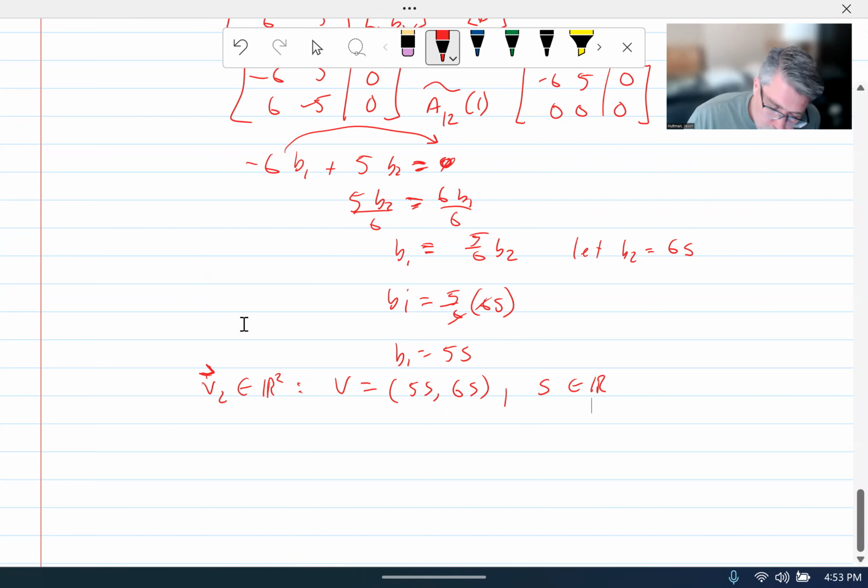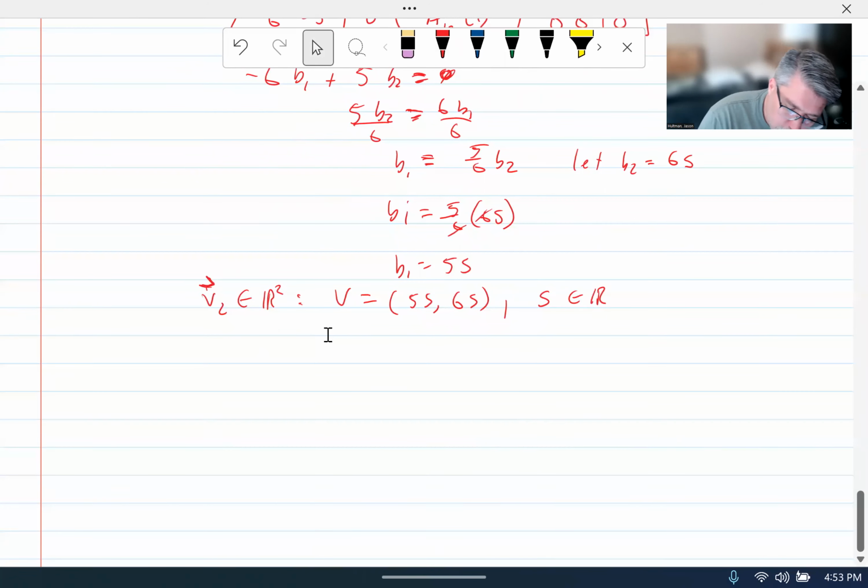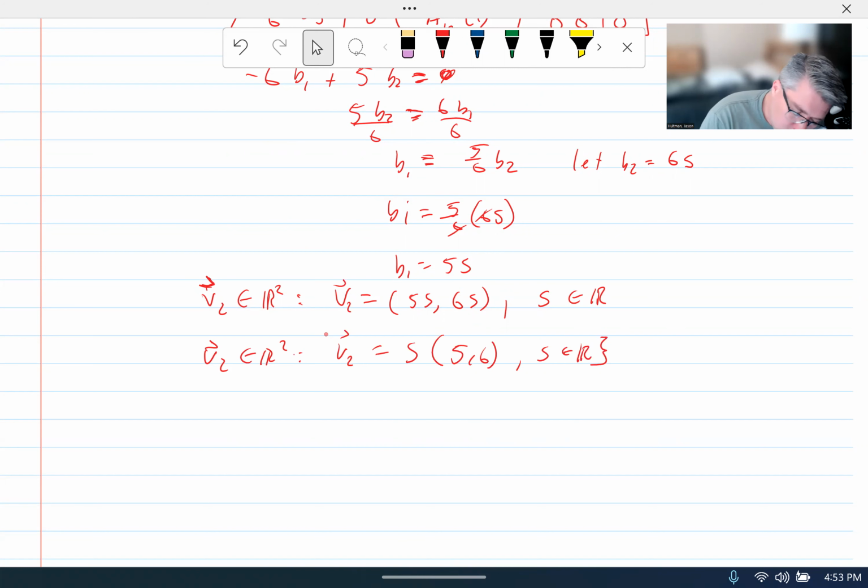And so we have, okay, we could go to the next line. V2 is an element of R2 such that V2 is equal to, let's factor out the S, S(5, 6). S is an element of R, okay.